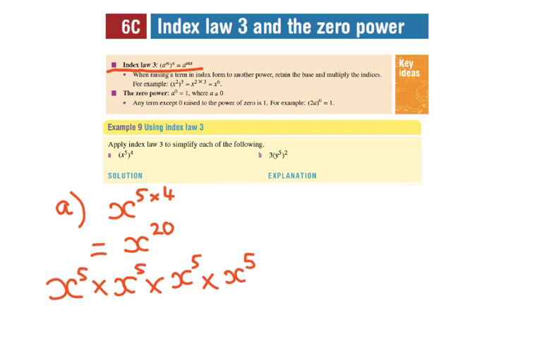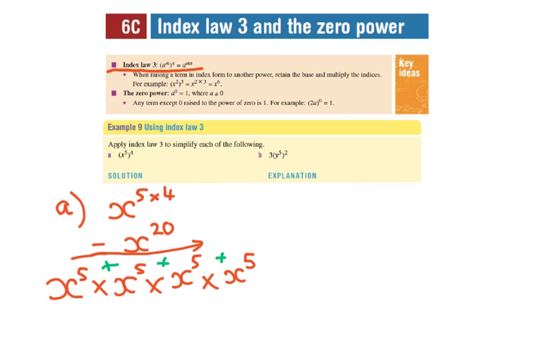And if we then refer back to index law number 1, where we're multiplying the same base number, that means we add our indices together. 5 plus 5 plus 5 plus 5 gets us x to the 20. So this is why the rule works, and we multiply 5 by 4.